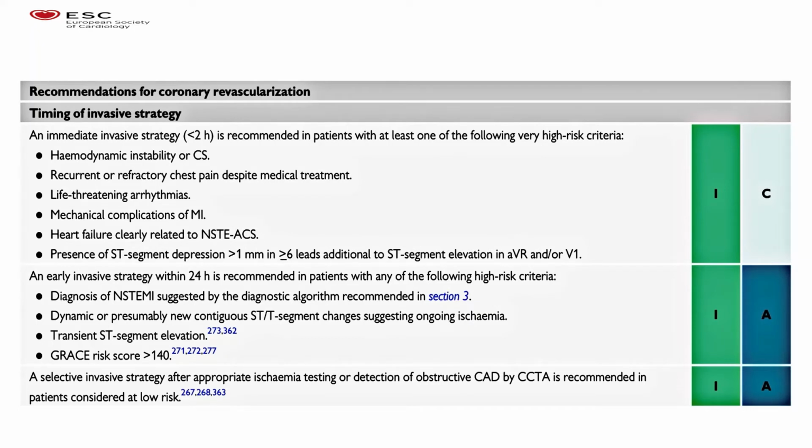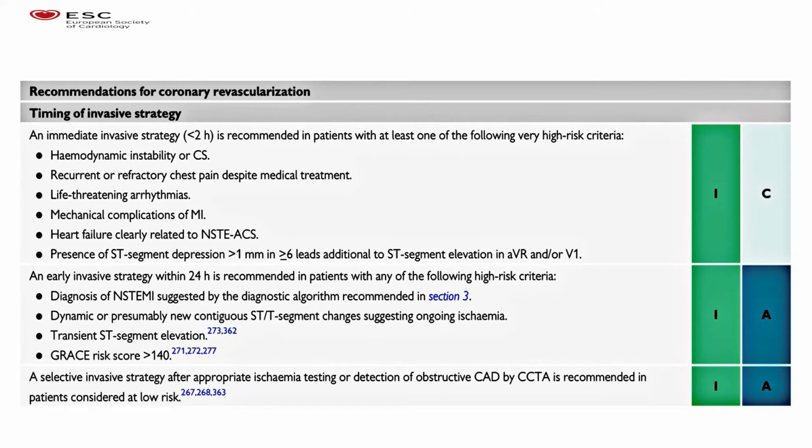Recommendations for coronary revascularization. Timing of invasive strategy. An immediate invasive strategy, less than 2 hours, is recommended in patients with at least one of the following very high-risk criteria. Class 1 Level C. Hemodynamic instability or cardiogenic shock. Recurrent or refractory chest pain despite medical treatment.